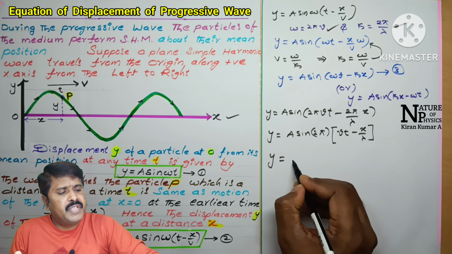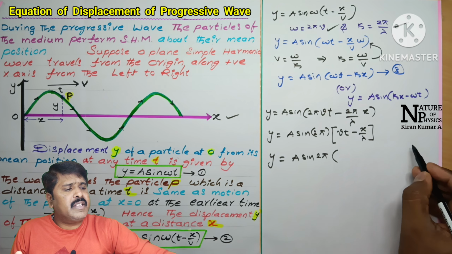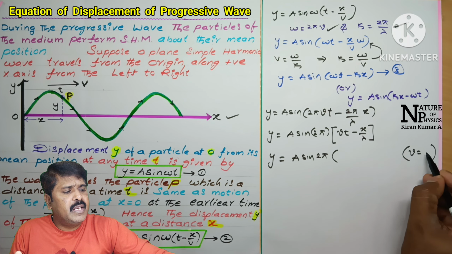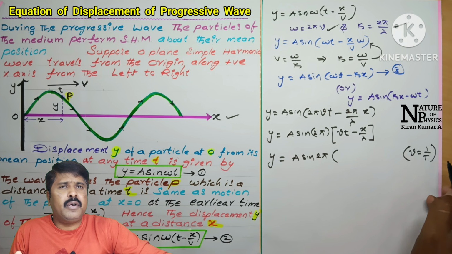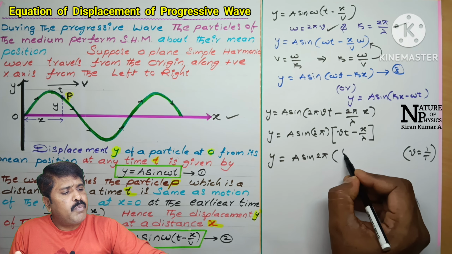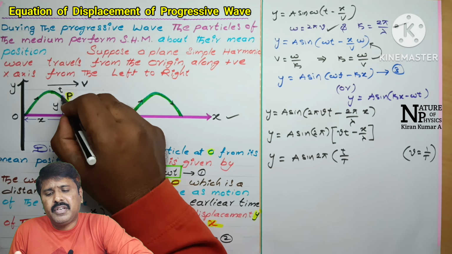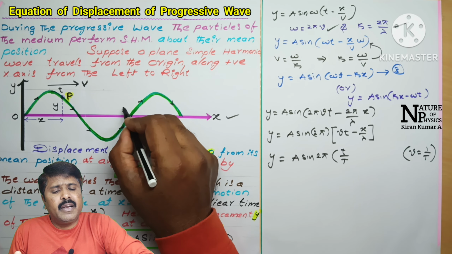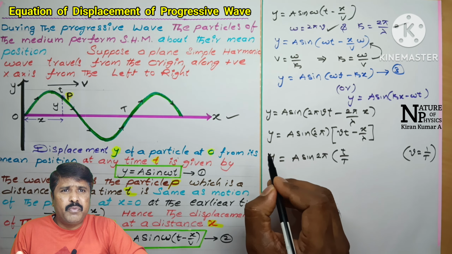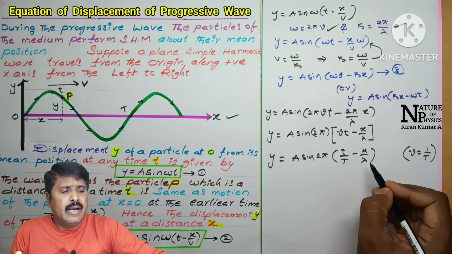So y equals a sin 2 pi. Frequency is the inverse of the time period of the wave, so mu is replaced by 1 over T: small t divided by capital T, where small t is a particular instant of time and capital T represents the time period to complete one wave, minus x divided by lambda.